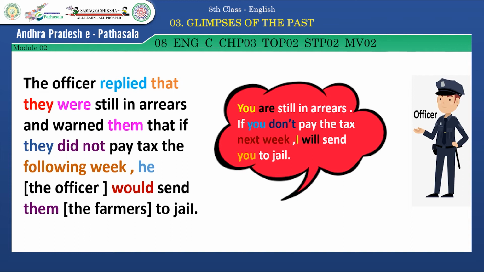So instead of next week, we used following week. And the officer said that I will send you to jail. So we are reporting that, that means the officer would send them, you changed into them, and them means the farmers, to jail. So we can write the actual words of the officer in the indirect speech.